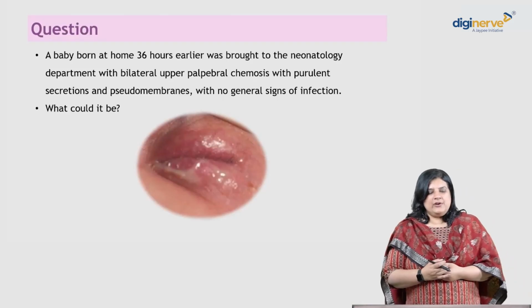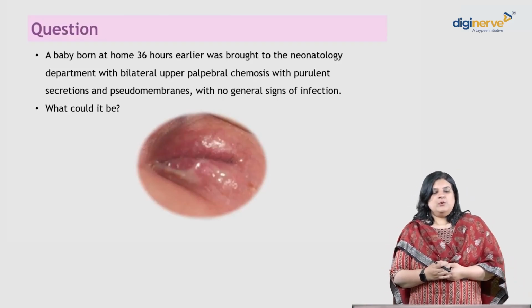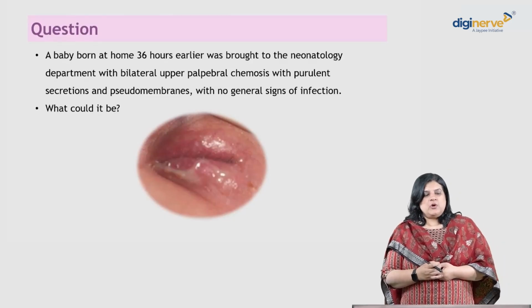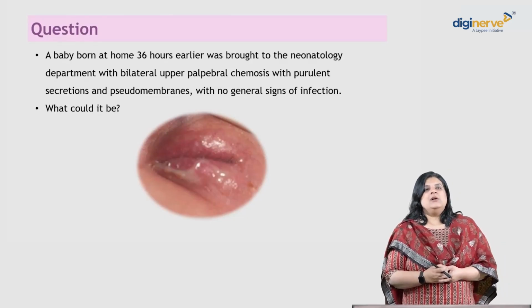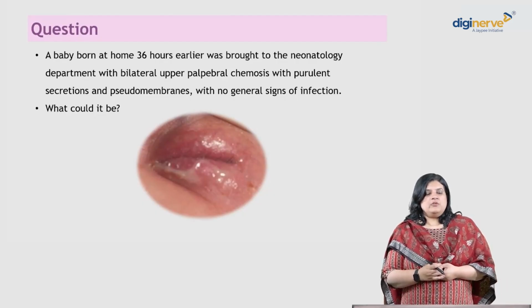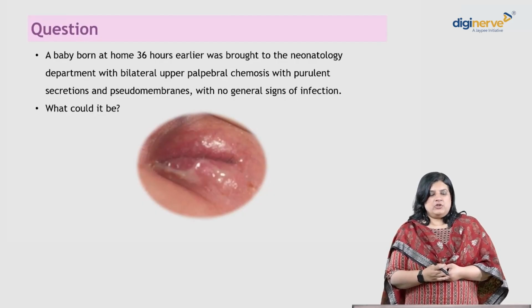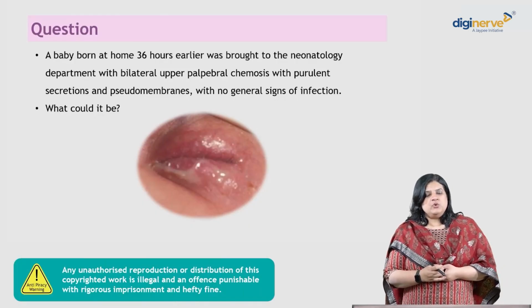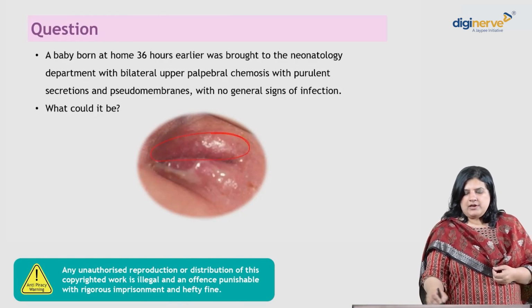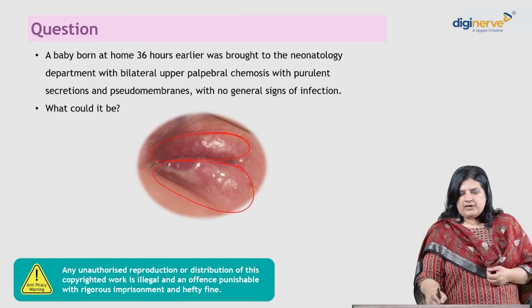You have a scenario with a baby who was born at home 36 hours earlier and was brought to the neonatology department of a hospital with bilateral upper palpebral chemosis, with massive purulent secretion and pseudomembranes with no general signs of infection. And here we have a markedly swollen upper lid, markedly swollen and red lower lid, and so much purulent discharge.